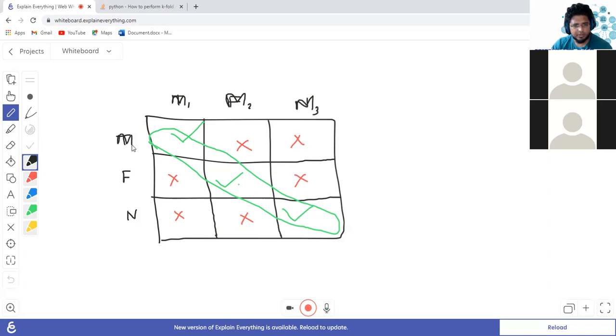This is movie one, movie two, movie three. This is actual, right? The columns belong to the actuals, and the rows belong to the predicted.